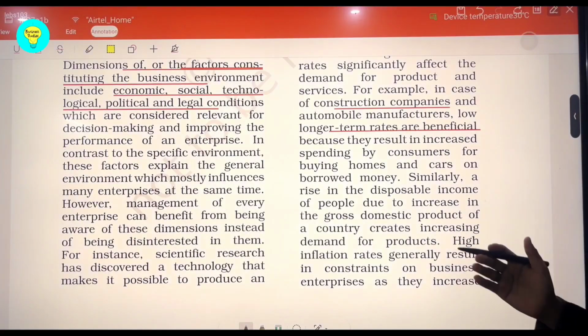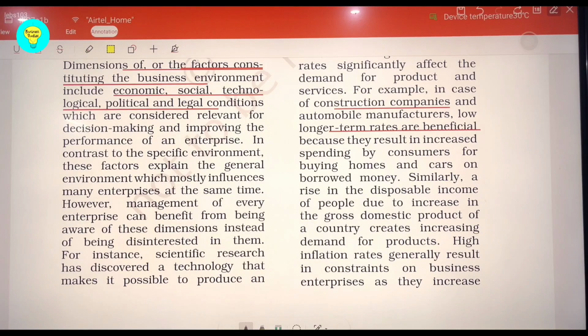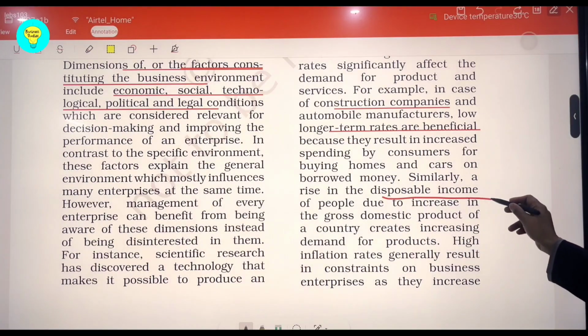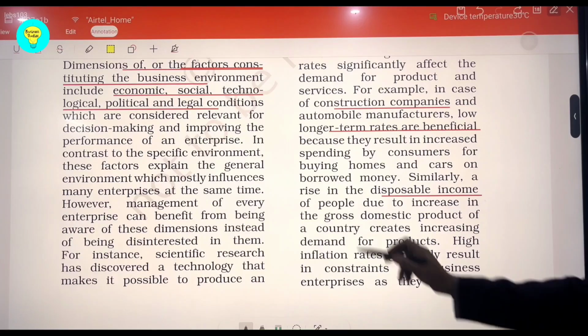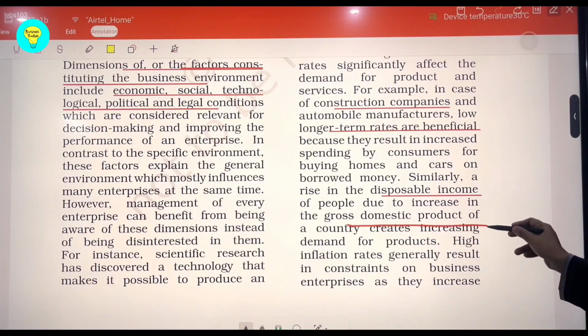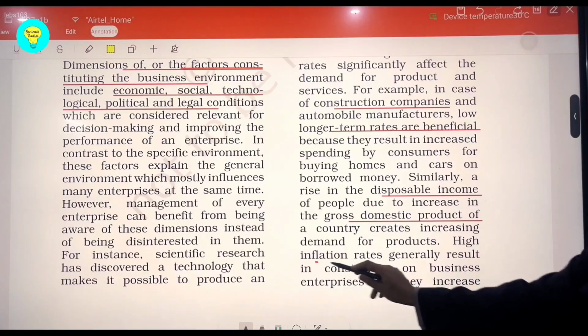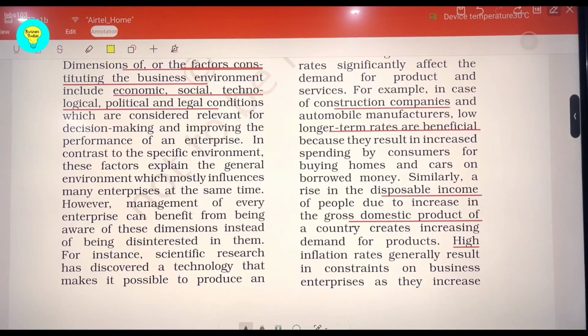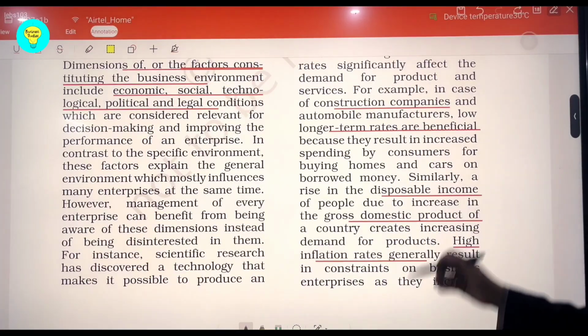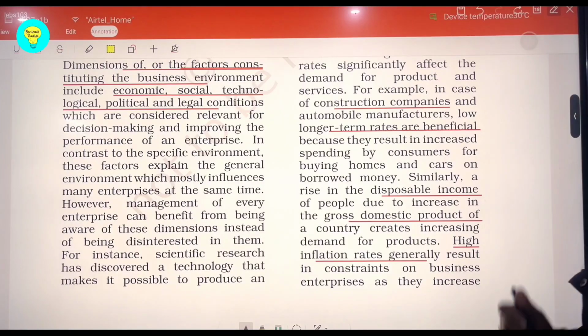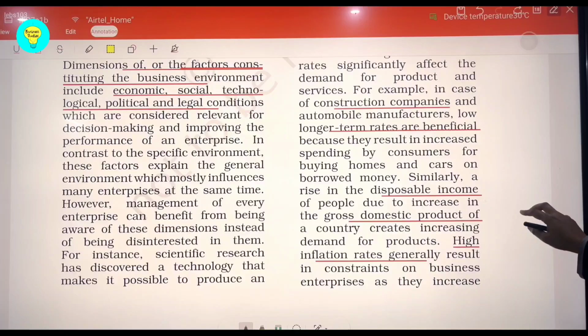So these have to be long-term interest rates. And similarly, they are talking about disposable income of the people due to gross domestic product increase in the country. And high inflation rate is another topic of concern under the economic environment. So students, be familiar with these words from the NCERT, from where the case studies can be picked up from this segment of the chapter.